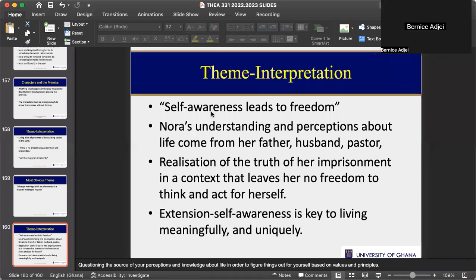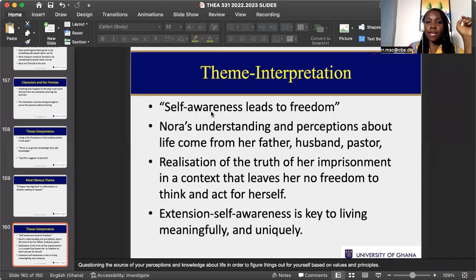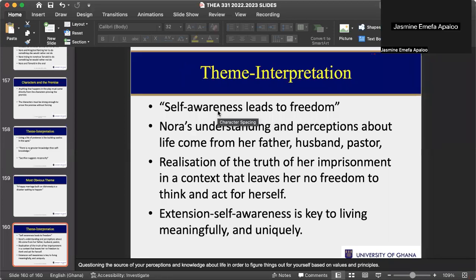Welcome. Any more questions or contributions? I think we have really dissected this play and pieced it together to gain understanding of it. Do you understand this play? Yes, madam.